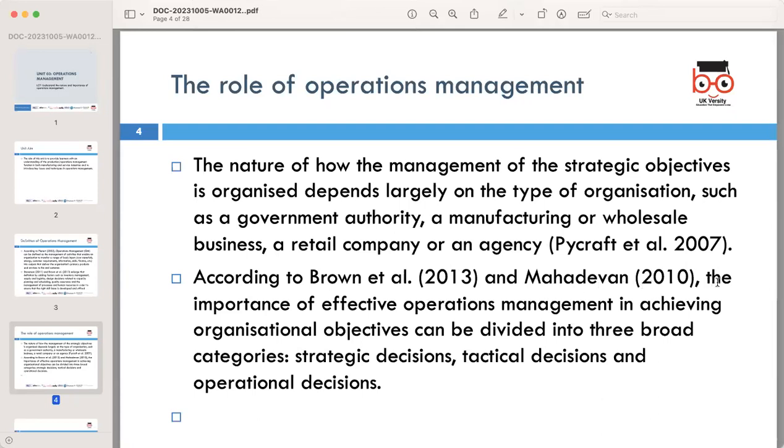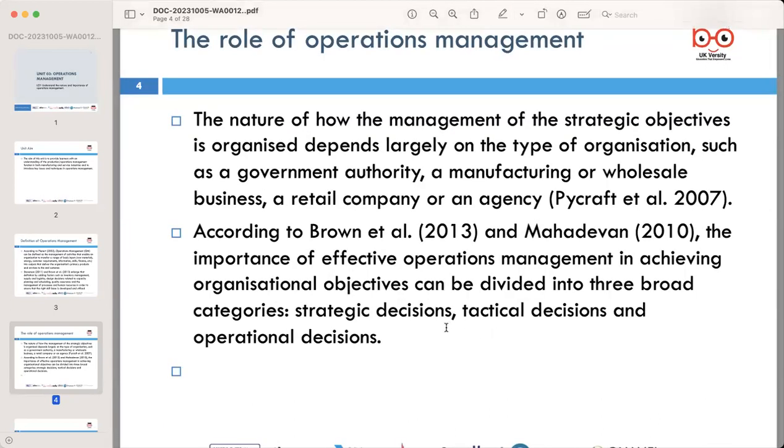Or this is another way, according to Mahadevan 2010, the importance of effective operation management in achieving organizational objectives can be divided into three broad categories: strategic decisions, tactical decisions, and operational decisions. Whatever decisions they take come under these three things: strategic decisions, tactical decisions, or operational decisions.